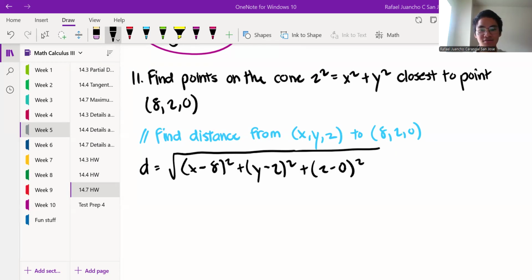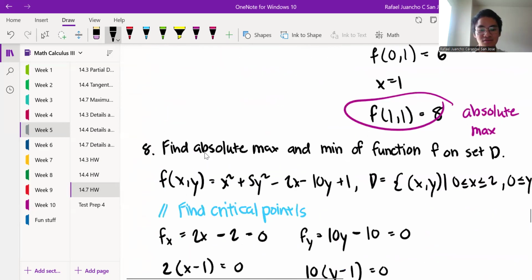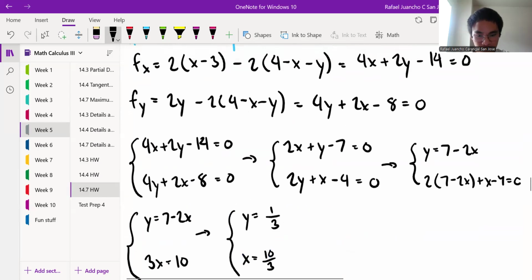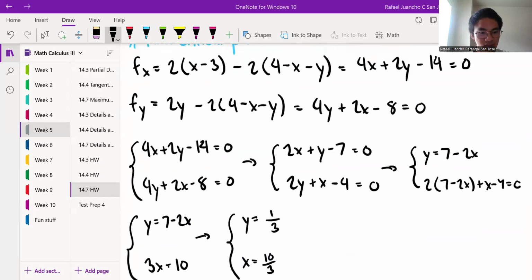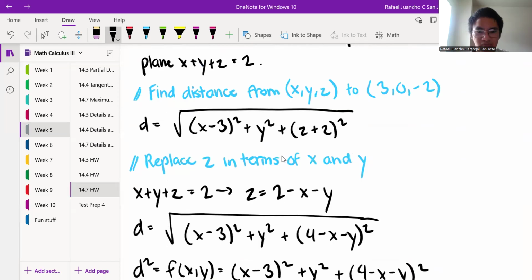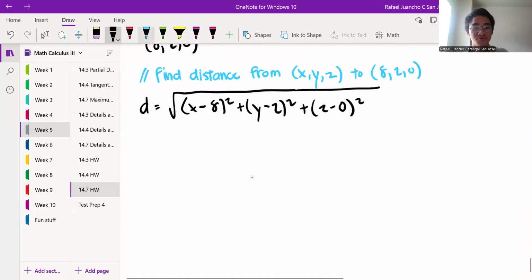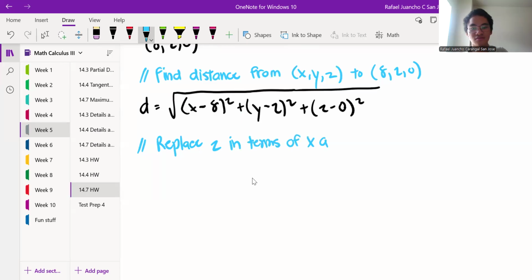Okay, so again, same idea. I replace z with something here. Oops, my video's still playing. So here I replace z in terms of x and y, right? That's what I want to do next. So again, same steps. So replace z in terms of x and y.